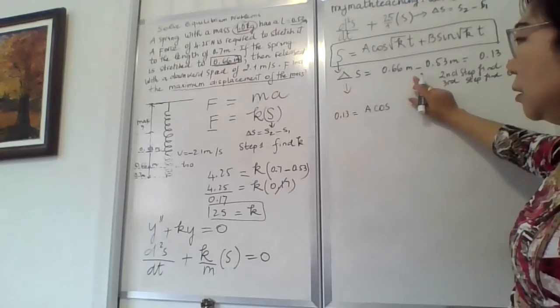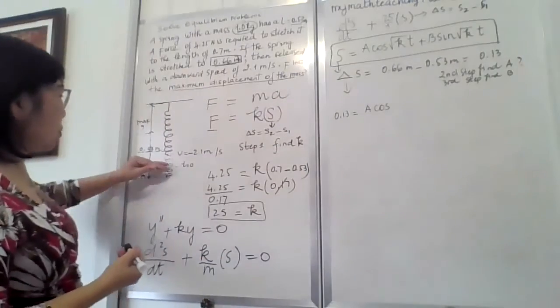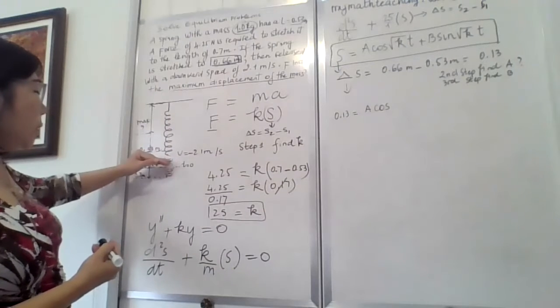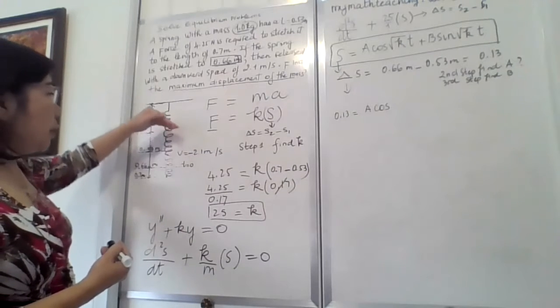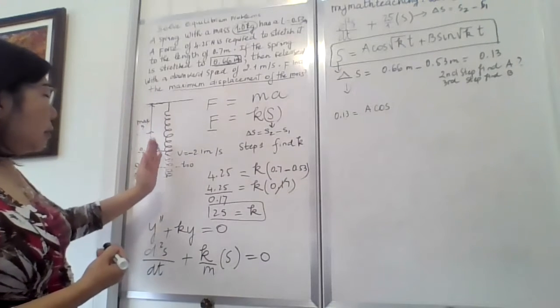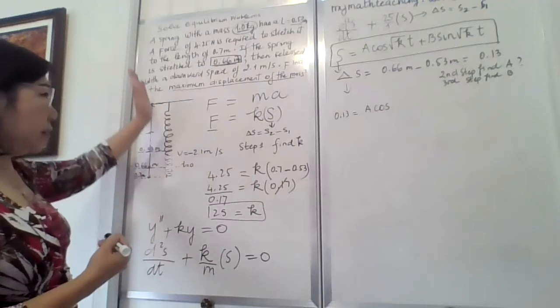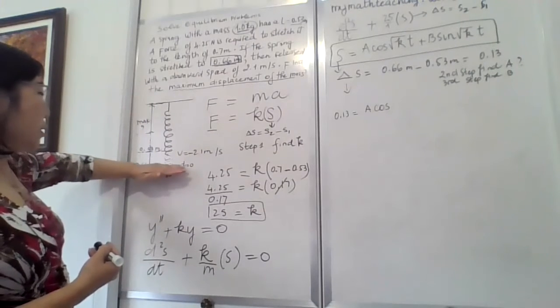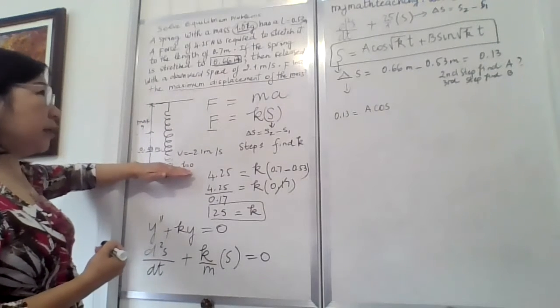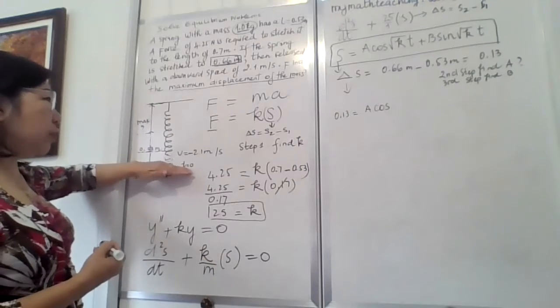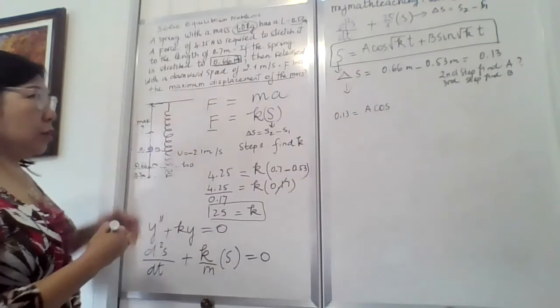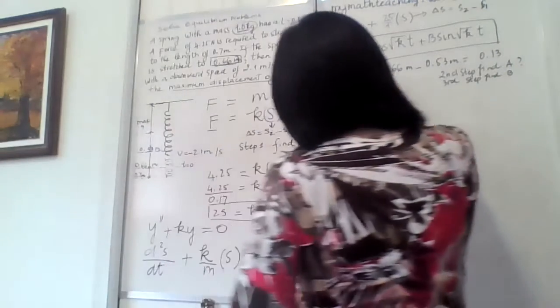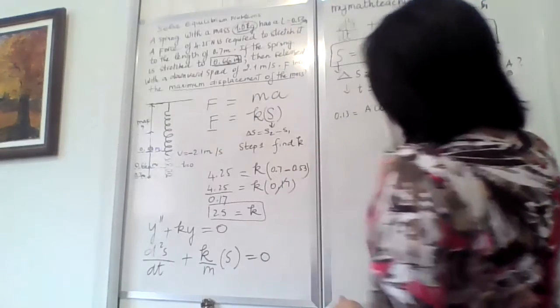Remember, what we try to solve is the maximum level when the motion is in the opposite direction. So at this level, we assume the time t is 0 when we release the spring. So t equals 0.